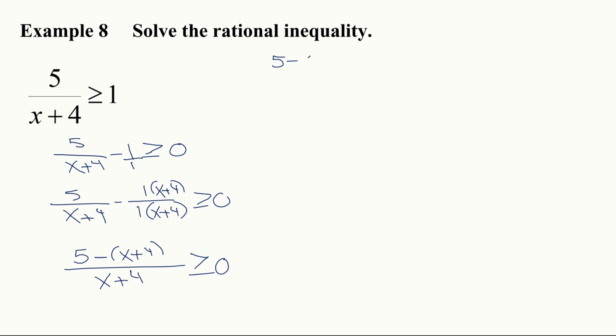That's 5 minus x minus 4 over x plus 4. You want that to be greater than or equal to 0, right? Now, 5 minus 4, that's 1. So we get 1 minus x over x plus 4. You want that to be greater than or equal to 0.